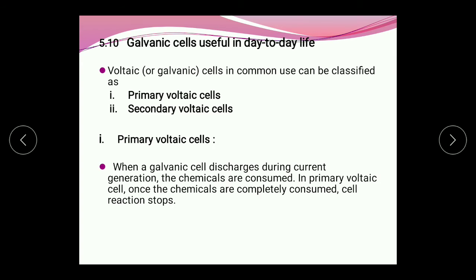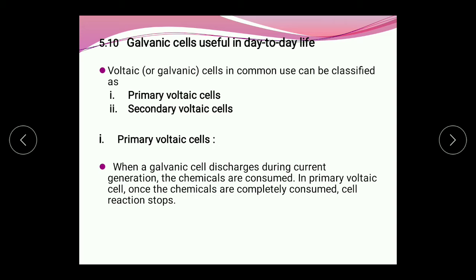When a galvanic cell discharges during current generation, the chemicals are consumed. That means when we use a galvanic cell, the reaction gives us current, but during this current generation, the chemicals are consumed or used.